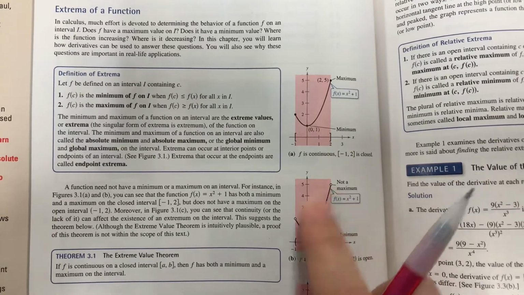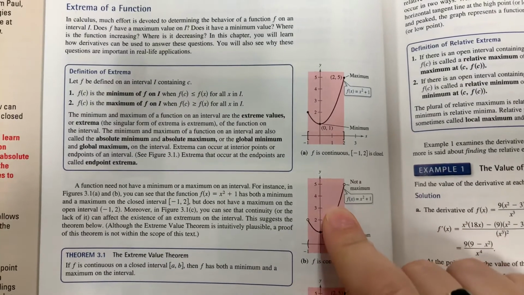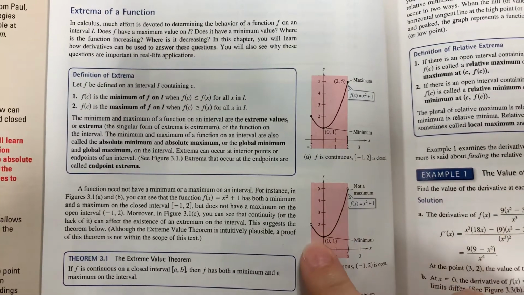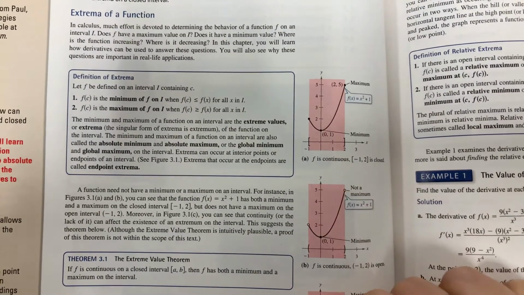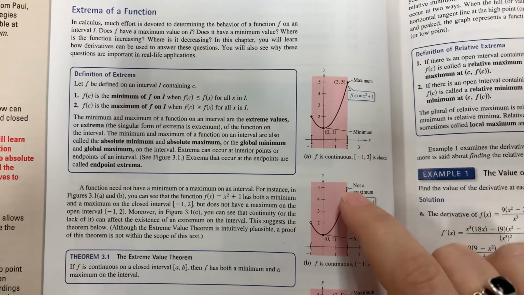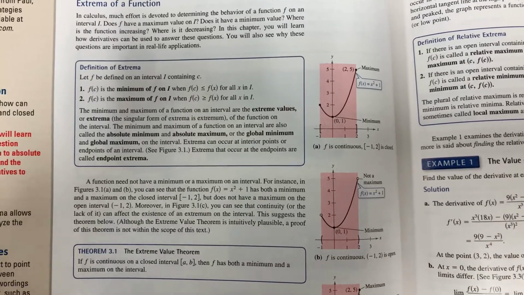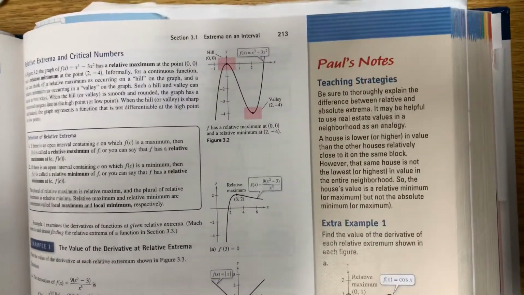Yes, but according to the extreme value theorem, we can't really prove exactly where that is. All we can say is that there is a minimum right here, but we cannot say that's a maximum. So according to the extreme value theorem, it has to have closed dots on the ends, and it has to be a continuous function.